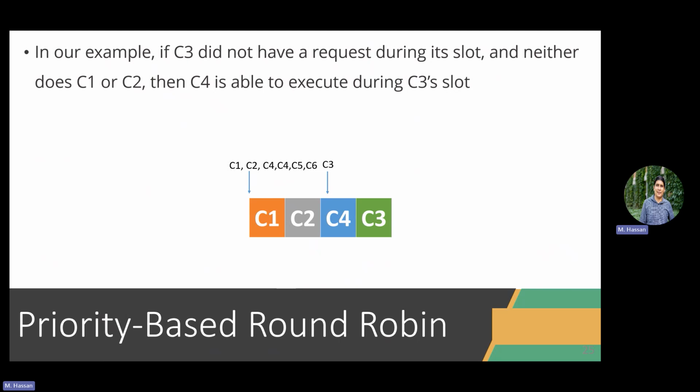If we solve our exact same example from before for priority-based round robin, we'll have something like this. At time 0, the same sequence of requests arrives. C1 is my starting point. Does it have something? Yes, so I serve it. C2, I serve it. Now C3 does not have anything. This is the time where I switch from the higher priority ones to the lower priority ones, because none of C1, C2 or C3 has any request.